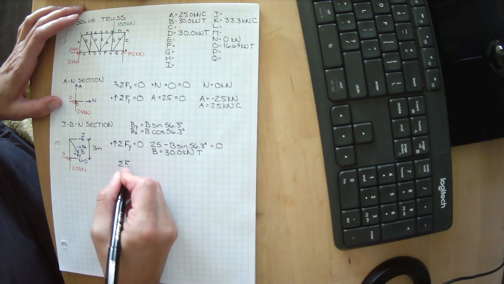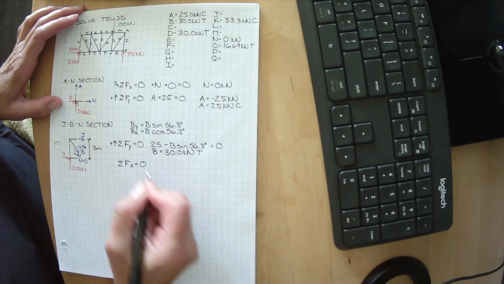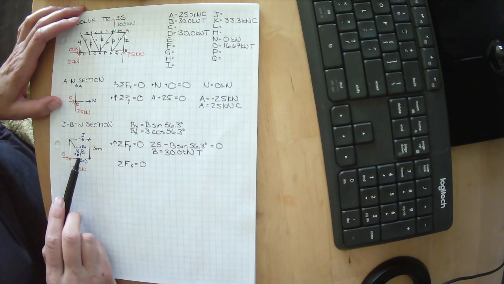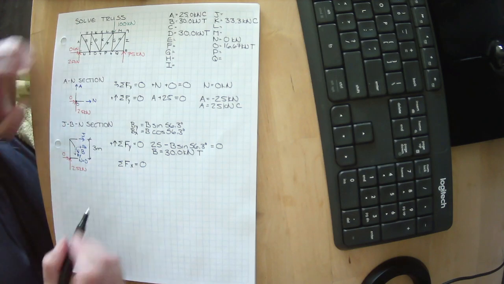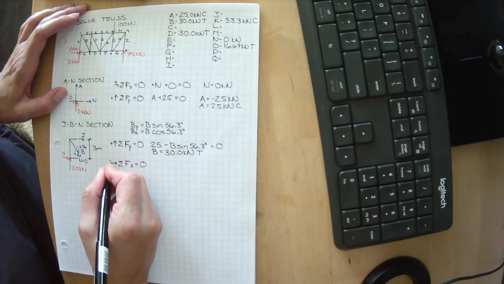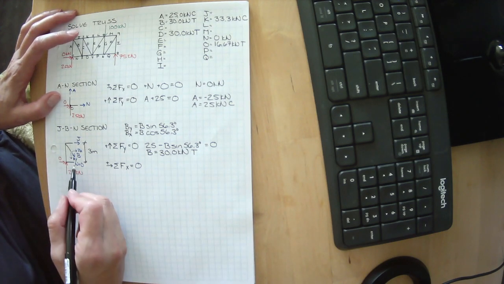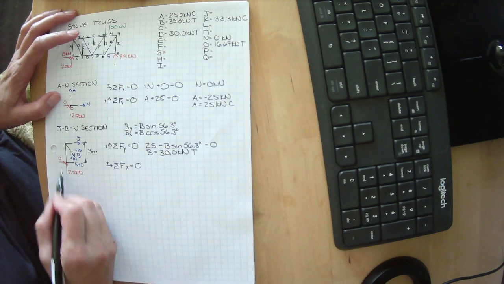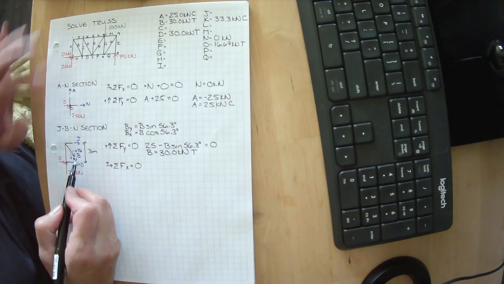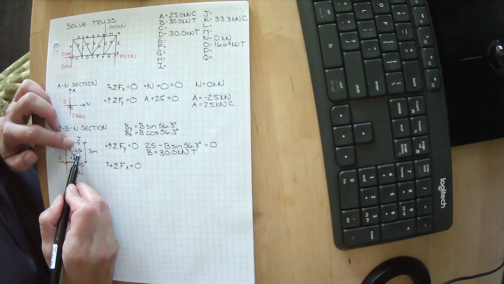Let's sum the forces in the X direction. We already know N, we know B, J is our only unknown now. N is 0, 25 goes up and down, so we have J and BX.